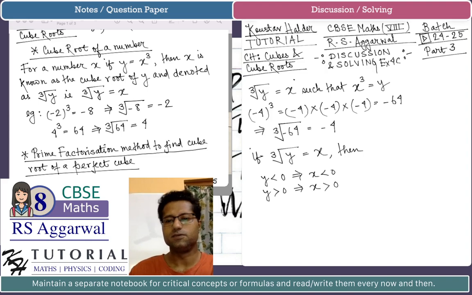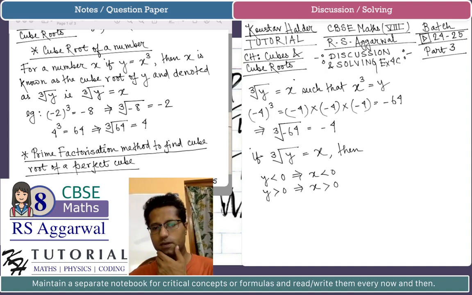That is, this basically means that cube root of a negative number is a negative number, and cube root of a positive number is a positive number. I hope the concept of cube root of a number is clear.